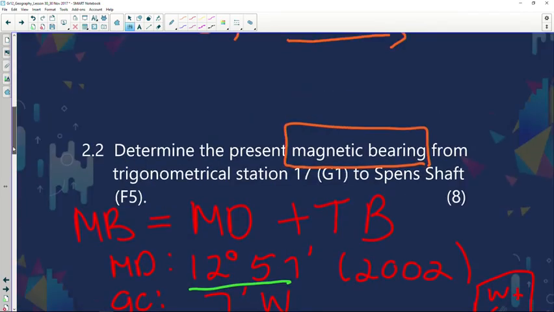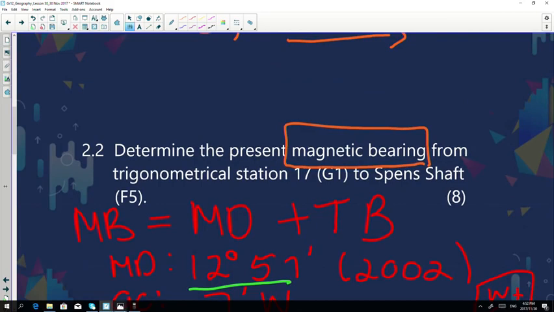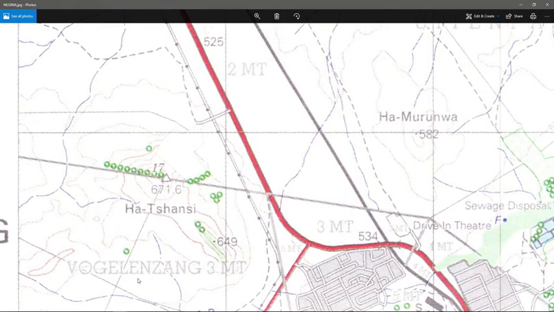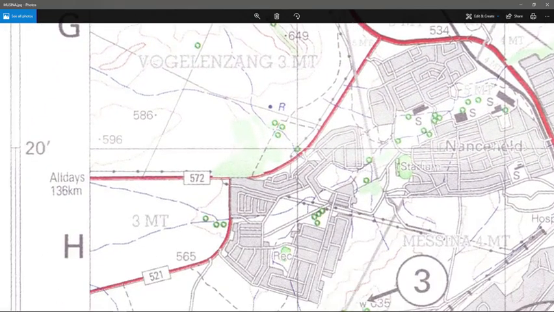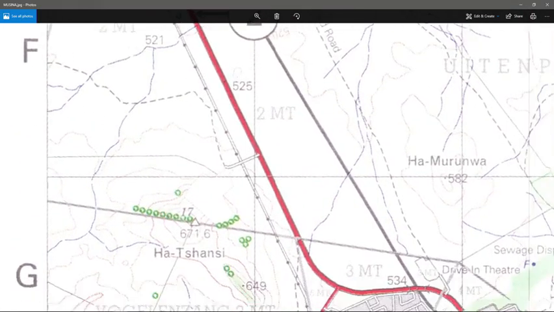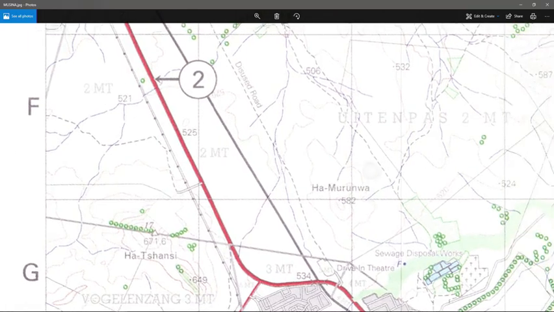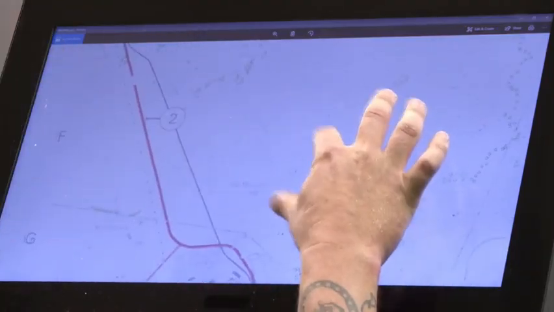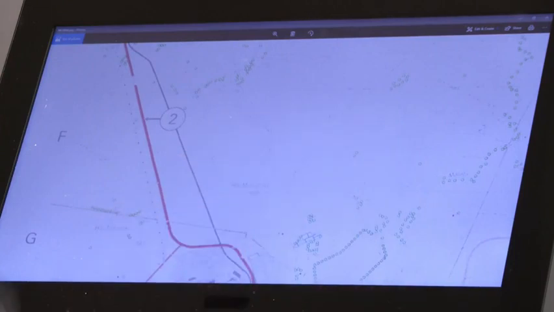Now the question states, determine the present magnetic bearing from trig station 17 in G1. Okay, let's go to the map. From there to the span shaft in F5. There's, okay, there, 1, 2, 3, 4, 5. Now remember what you need to do, you use your protractor, follow your steps.